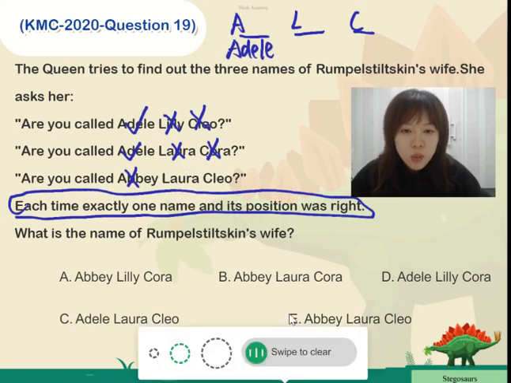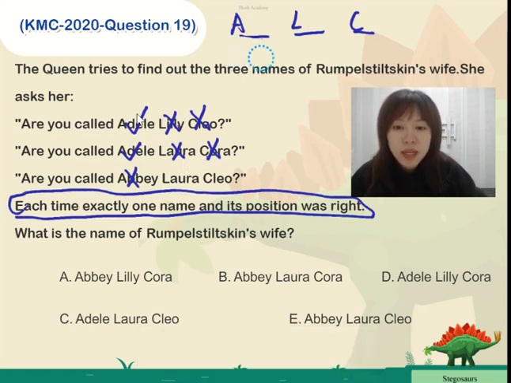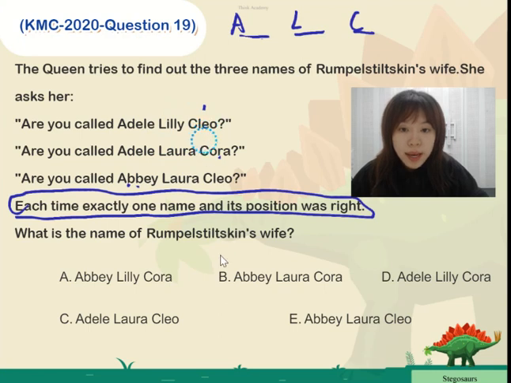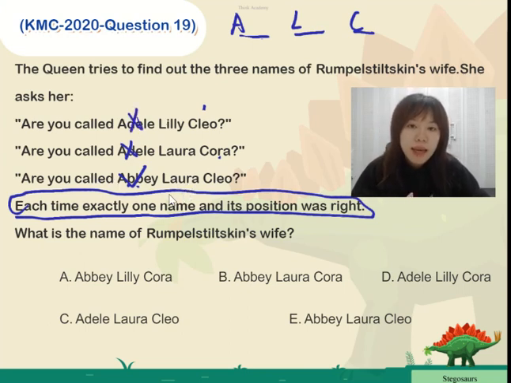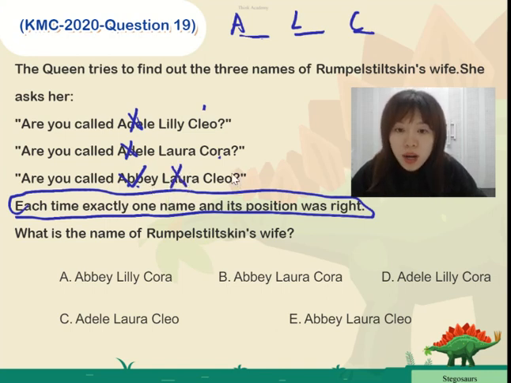So the first name cannot be Adele. It can only be Abby. So Adele is wrong. And through the Abby one, we know the other two names are wrong. So for the second name, it can't be Laura. It can only be Lily. For the third name, it can't be Cleo.